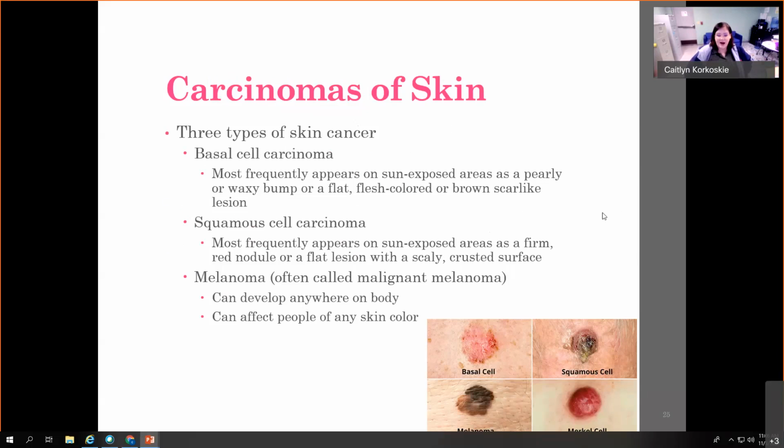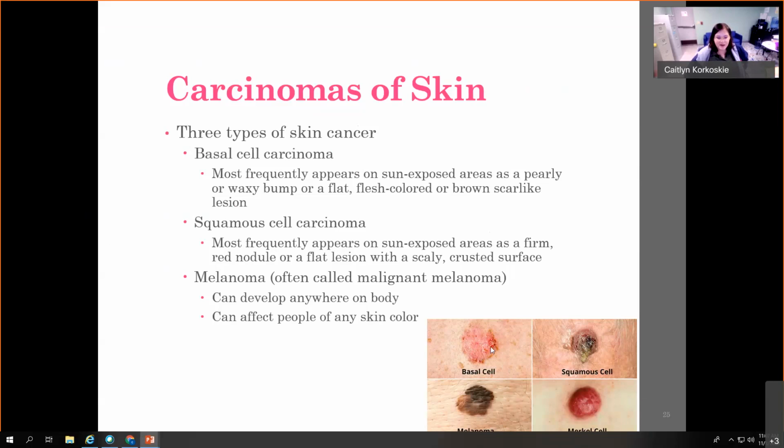All right, so carcinoma or skin cancers. There are three types of skin cancers. Basal cell carcinoma most frequently appears from sun exposure and looks like a pearly or waxy bump, which is this one right here. It doesn't look too much darker or different from the regular skin, but there is enough difference that you can see it.